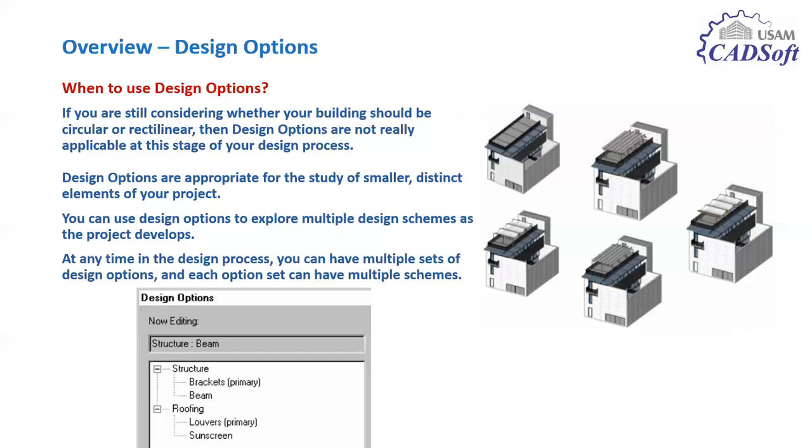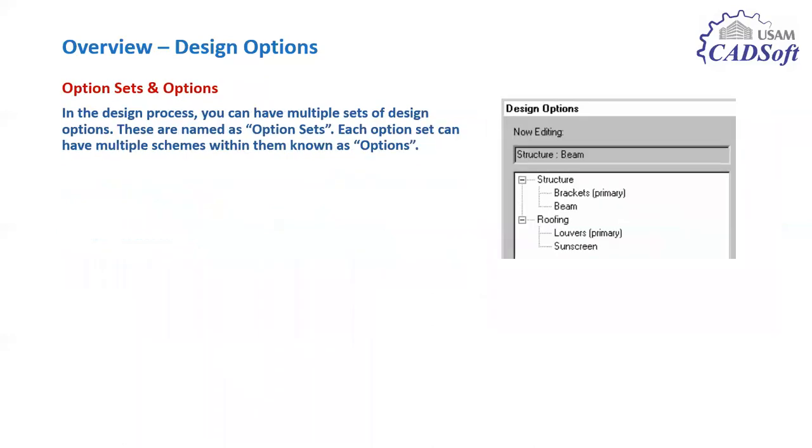Let's move ahead, and I'll tell you what these design options are and how this is going to work. When working with design options, you need to consider two things: option sets and options. What are option sets and what are options? If you look at the example here, there might be multiple option sets, something like structure, roofing, maybe layout.